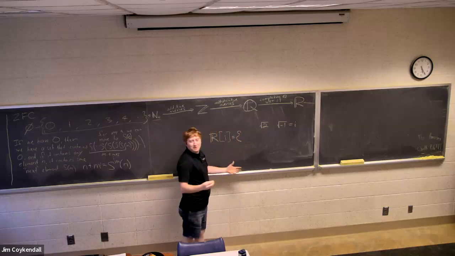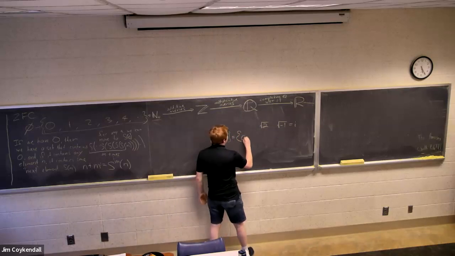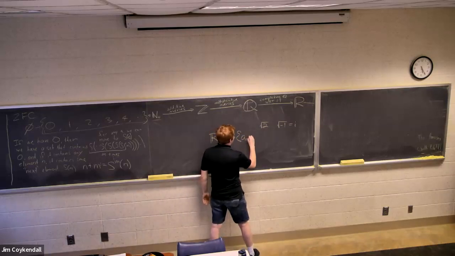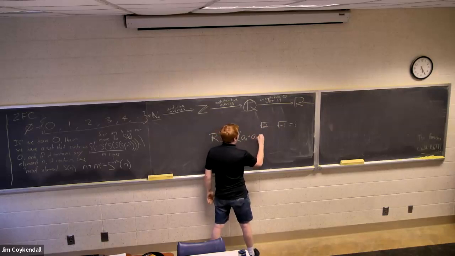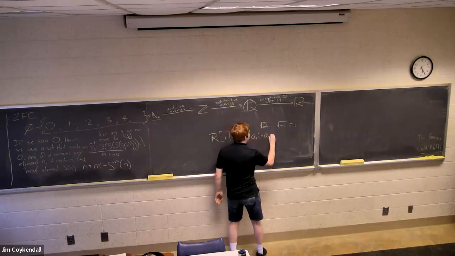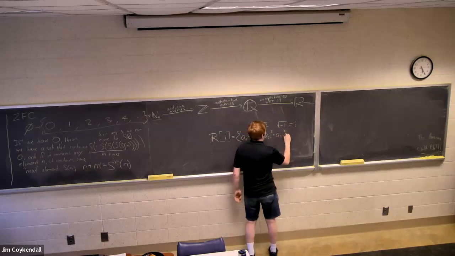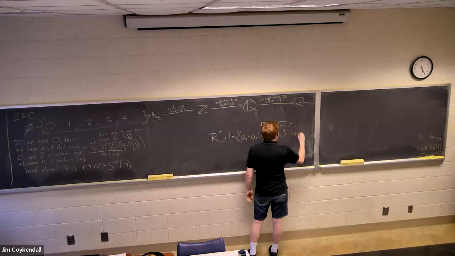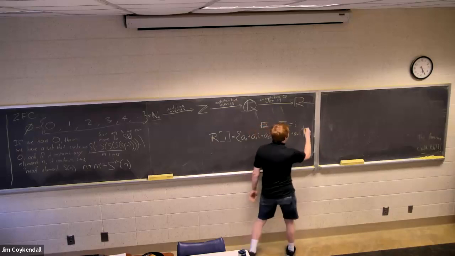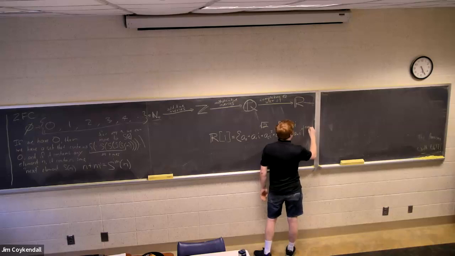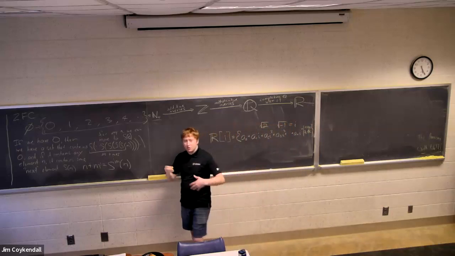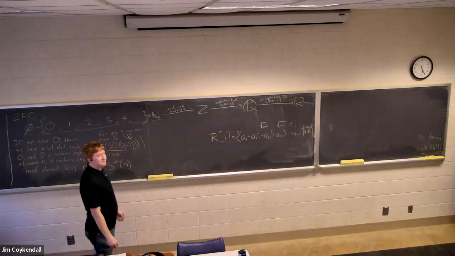And so these numbers are going to look something like a0 plus a1 i plus a2 i squared plus a3 i cubed, and we're going to terminate this at some point, where n is a natural number and these a_i are real.